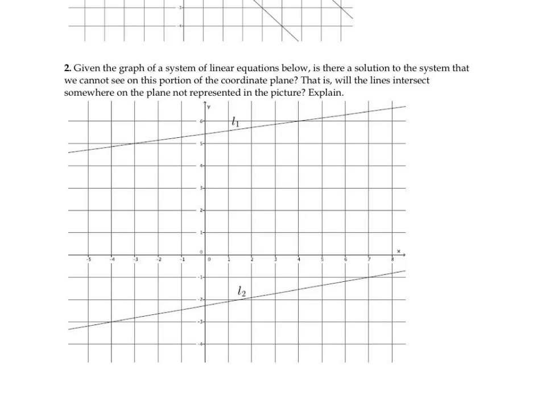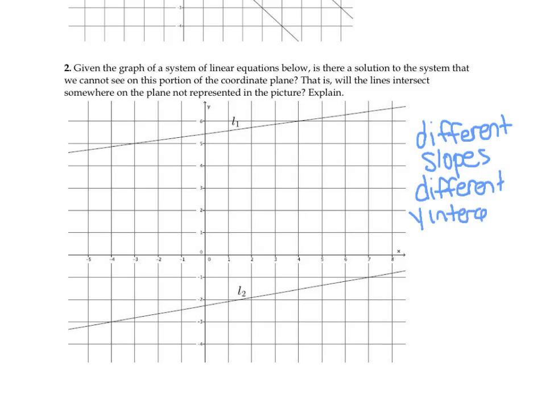So the first thing we have to think about is, well, what do we need for two lines to intersect? For two lines to intersect, we need different slopes and we need different y-intercepts for intersection.